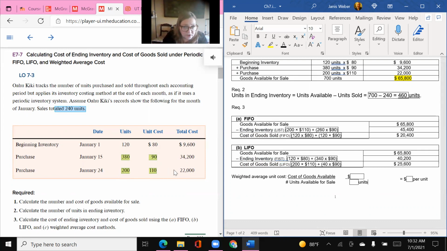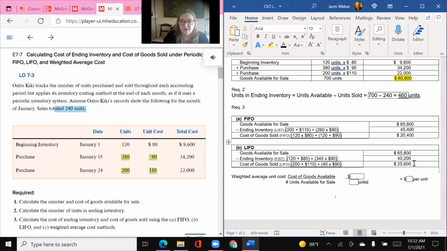So I'm sorry, 240 total. I think I said that wrong a moment ago. 240 total. And if 200 of them were in the last purchase, then 40 of them from the $90 lot. That brought us to 25,600. So that agreed. It just verifies it for us.